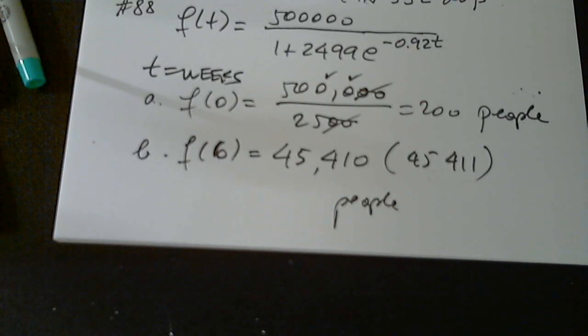Just plug in whatever you want after 6. Okay, good. So after 6, let's say 100 weeks. 500,000, of course. Let's say after 200 weeks. 500,000, of course. Let's say after 1,000 weeks. Of course.